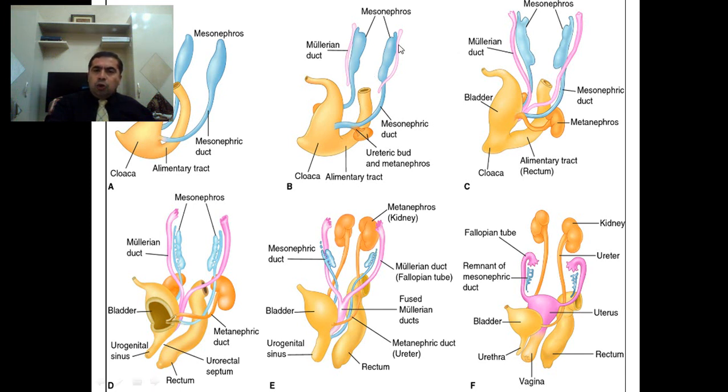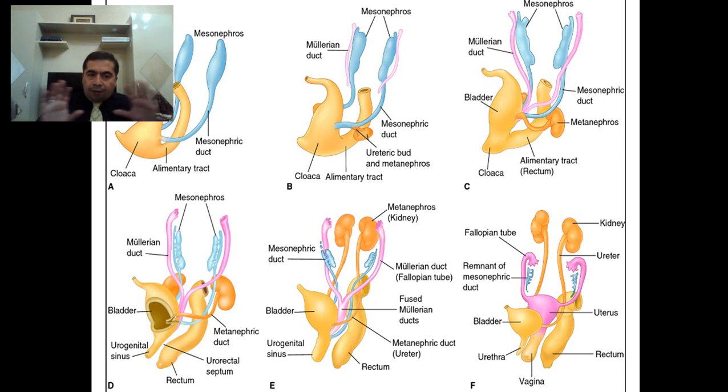In this stage you are looking at the Mullerian ducts. The Mullerian ducts are also very important because of their location around the mesonephric duct, and are also known as the paramesonephric duct. The paramesonephric duct is the important source for development of female genital organs. The mesonephric duct and mesonephros are for development of the male genital organs.